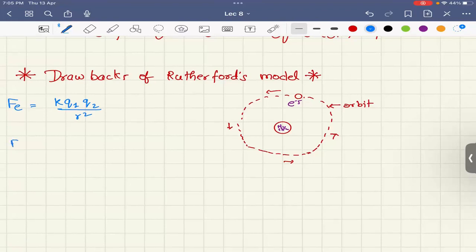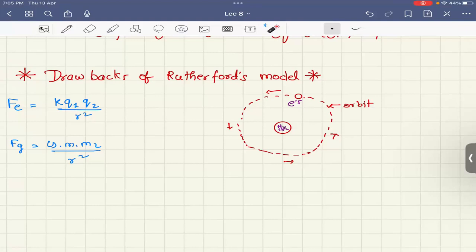This is similar to the gravitational force acting between the planet and the sun, which is G M1 M2 by R square, where G is the gravitational constant, M1 and M2 are the masses of the species, and R is the distance of separation between the planets and the sun.